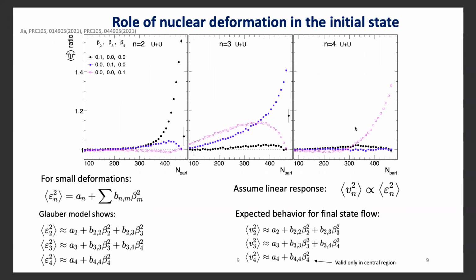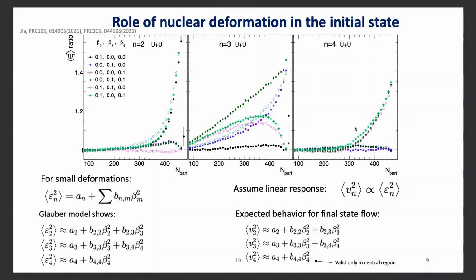If we add two parameters as input, you can see there's a little enhancement from another higher order beta n contribution. You can see epsilon 2 has two contributions from beta 2 and beta 3 in central regions, and epsilon 3 has beta 3 and beta 4 contributions.